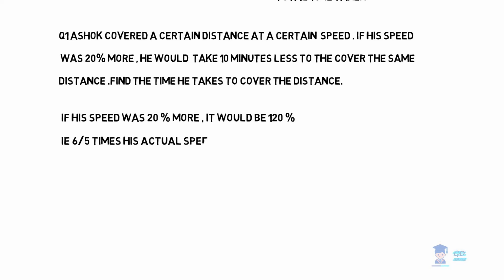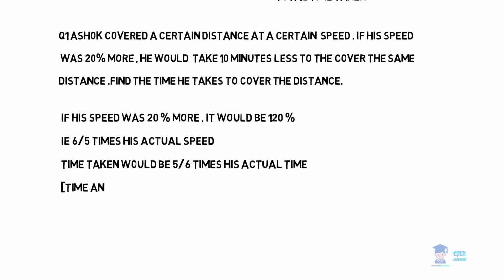If you divide 6 by 5, you get 1.2, which means 1 is the actual speed plus 0.2, which is 20 by 100, a 20% increase. So that is denoted as 6 by 5 times.